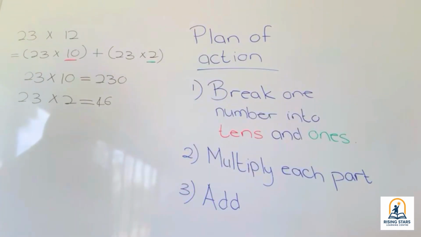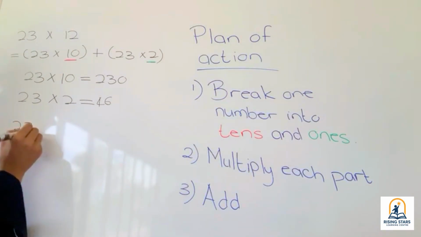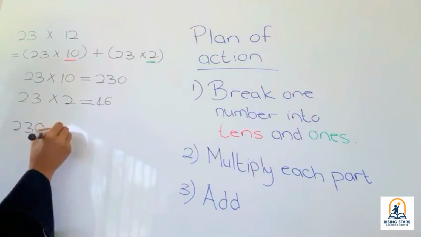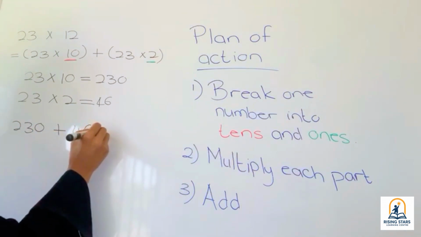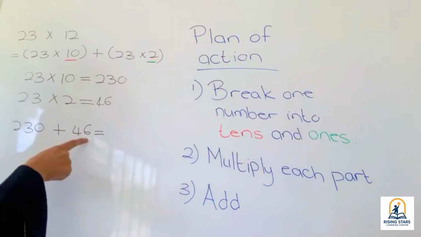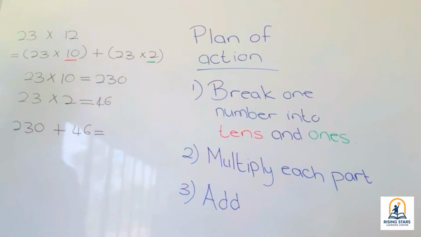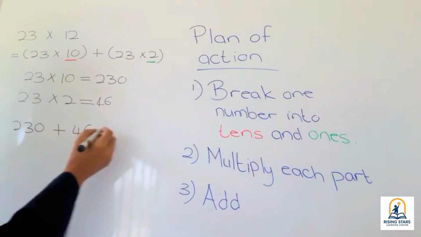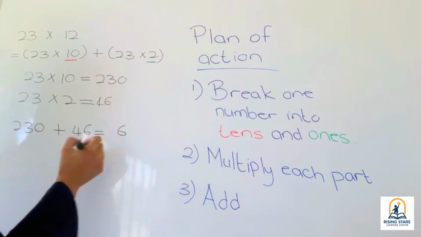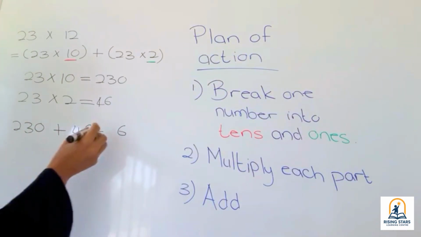Step 3 says that we need to add the answers together. Okay, so let's write that down. 230 plus 46 equals, let's do our ones or our units. 6 plus 0 is 6. 4 plus 3 is 7.